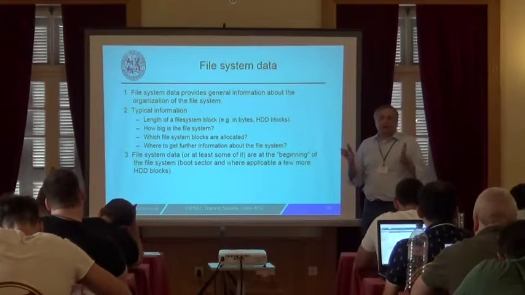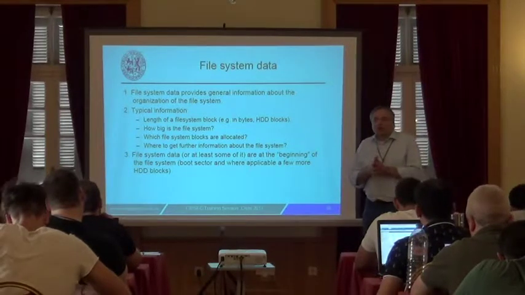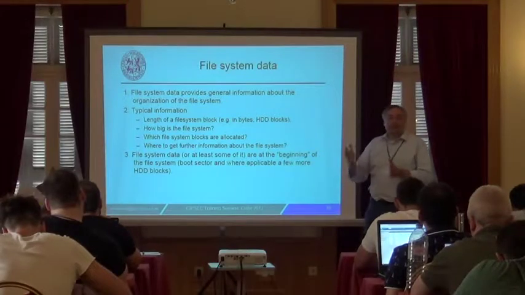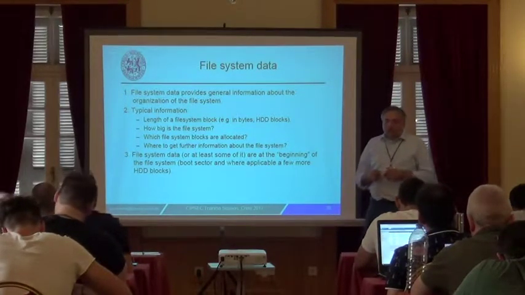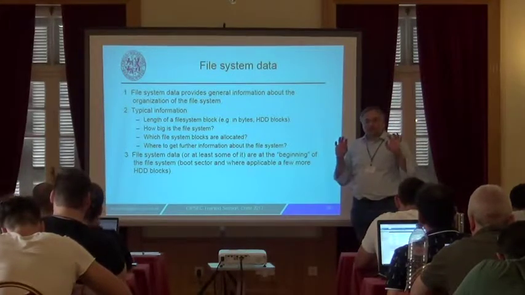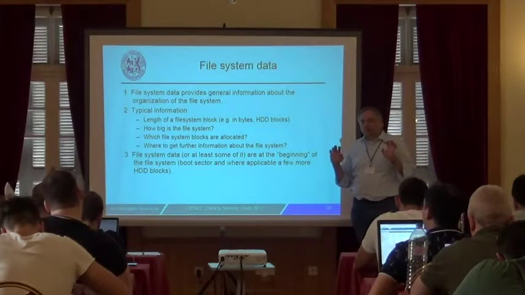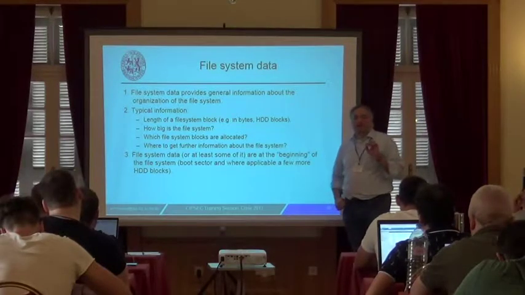You will first have to look at the beginning of the disk to find out whether there are any slices created, how many file systems exist on that disk. Now, as a bonus, that little table that can have up to 4 entries also gives you a number, which is the file system identification.